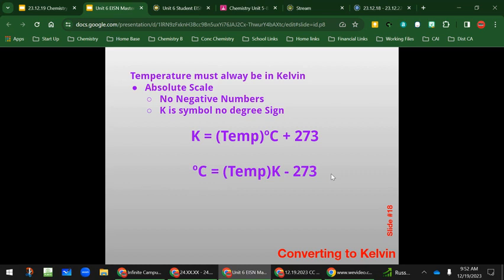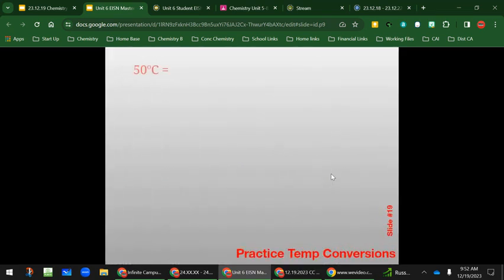Questions? So 50 degrees Celsius, what is it in Kelvin? You're reaching for a calculator to add 50 to 273. 323. You can reach for your calculators. It's okay.